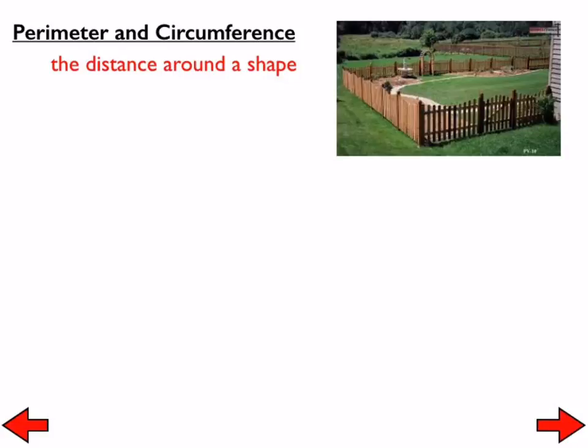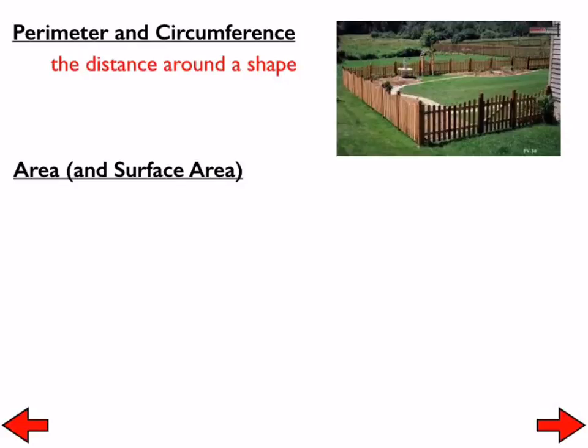An example in real life where that may come into play is how much fencing fits around somebody's yard. If the yard is rectangular in shape or has sides, that would be considered a perimeter. If it's circular in shape, that would be considered circumference. But both are dealing with the distance around some sort of shape.